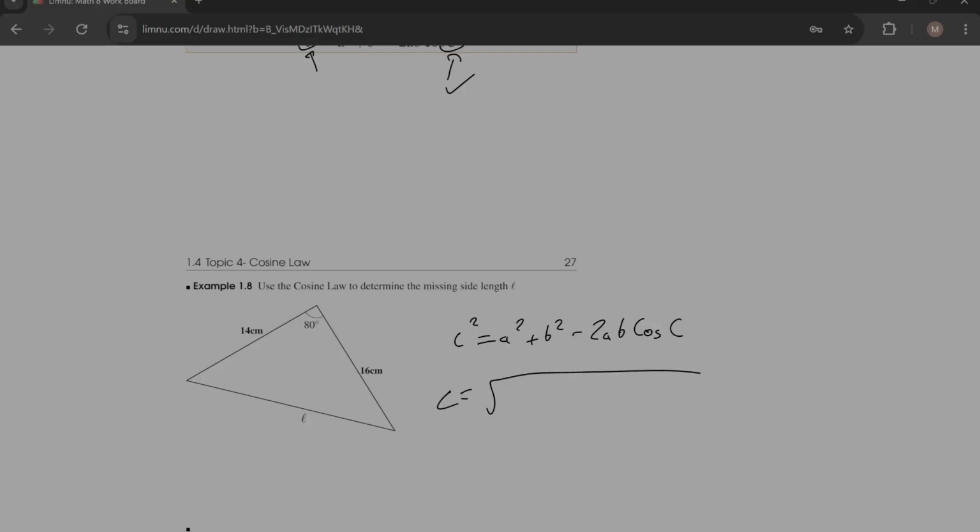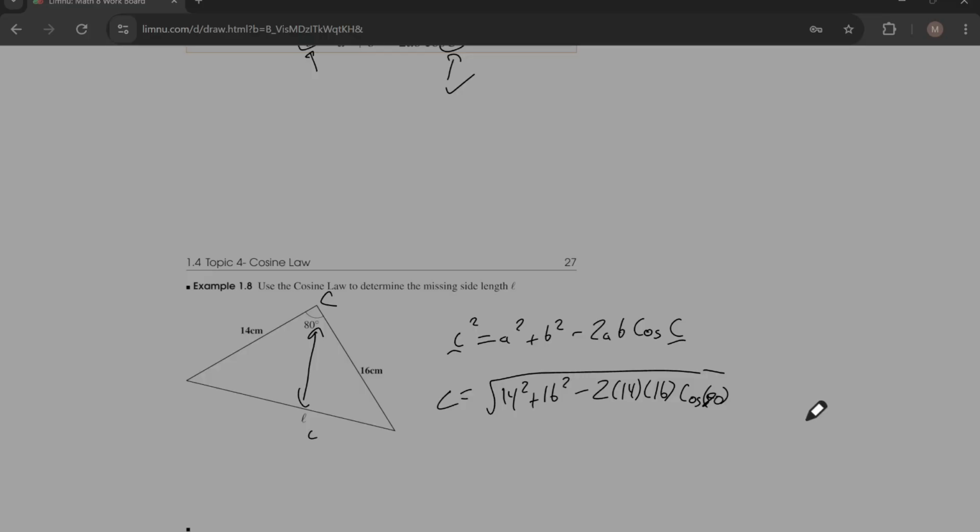It doesn't matter which one you call A and which one you call B. Just make sure C is this matching set. It's the angle and side that we're trying to find one of them, okay? So I'm going to call this 14 squared plus 16 squared minus 2 times 14 times 16 times cosine of 80, okay? So that's my formula.